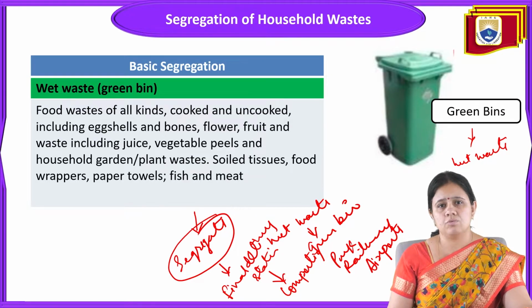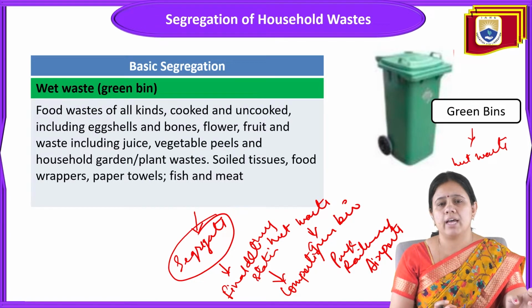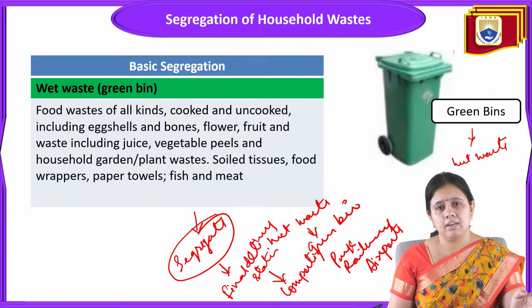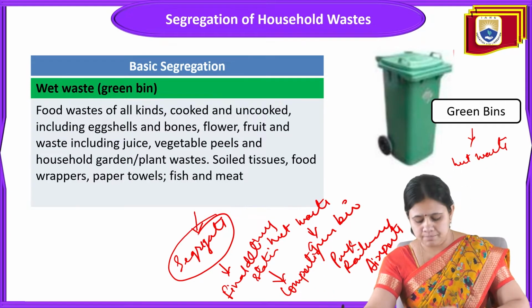So as a citizen of India, as a good human being, we should think about this type of thing: we should throw wet waste only in the green bins. And the municipal people will also take wet waste in the green bins, and they can directly unload those green bins at the final delivery location, and they will send that waste to the composting site.